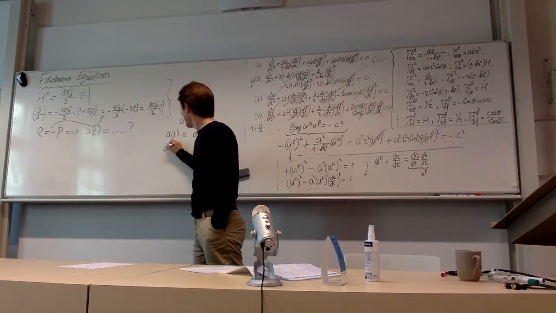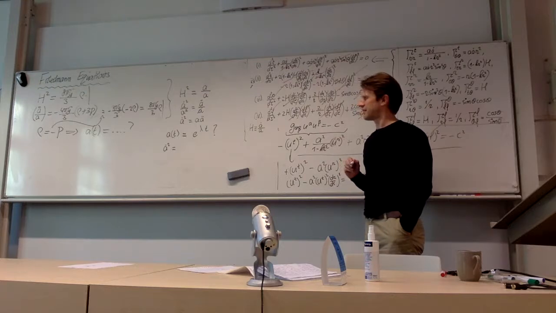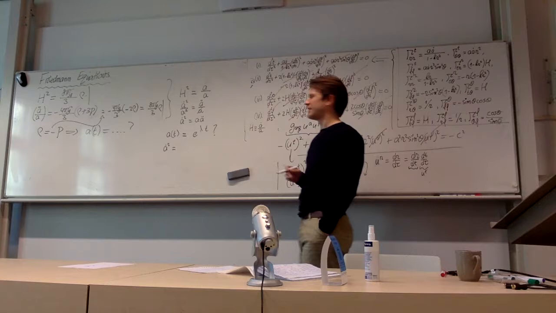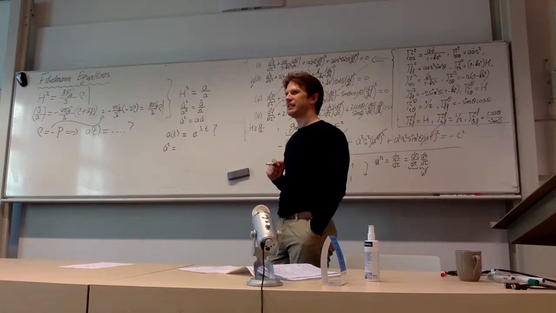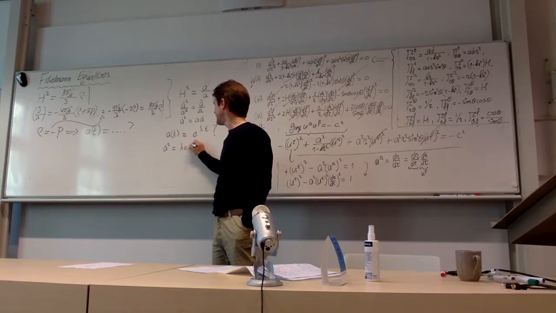Okay, help me out. What would the left-hand side be? So take the derivative, take it squared. Tell me what it is. Lambda squared times e to the power 2 lambda t.